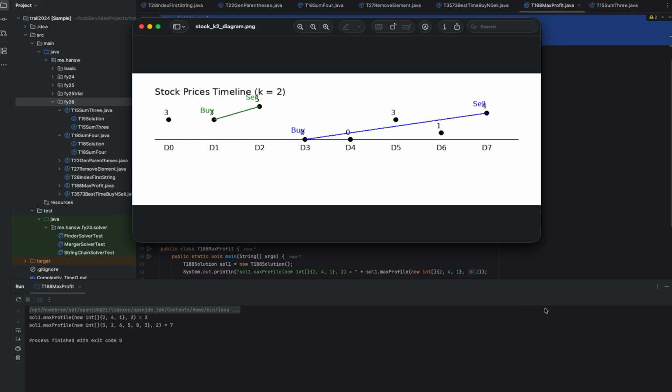There is a transaction limit of k equals 2 in this case, and k can be unlimited, at most half of the array, which would mean unlimited transactions because we can capture every fluctuation. But in the limited case, we can solve this by dynamic programming.